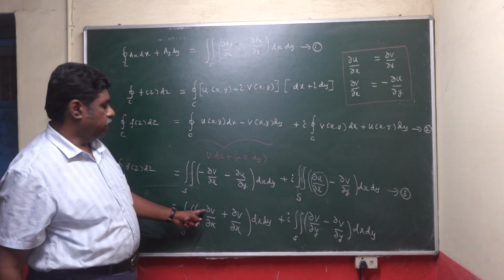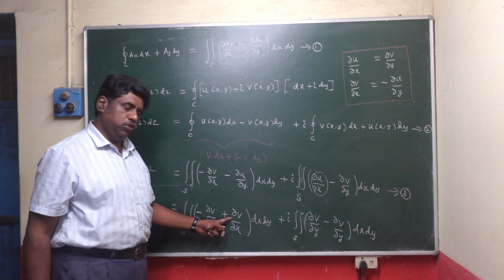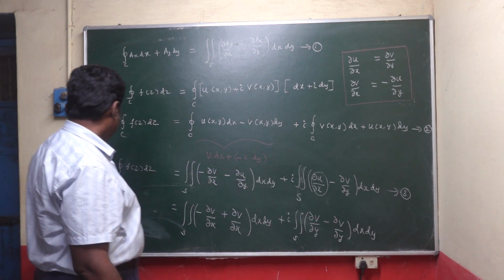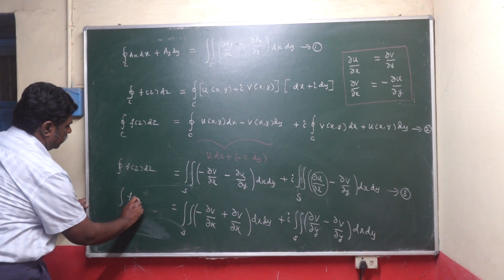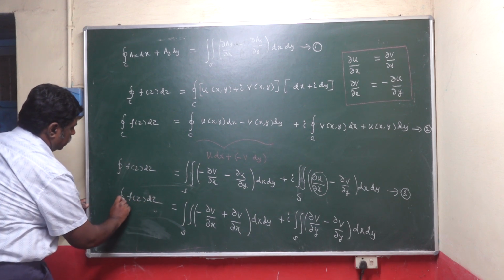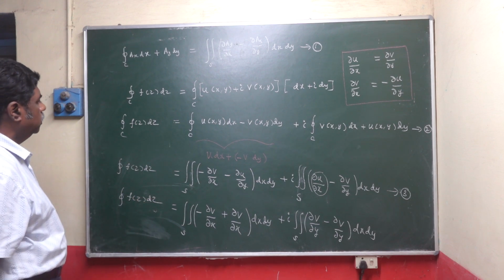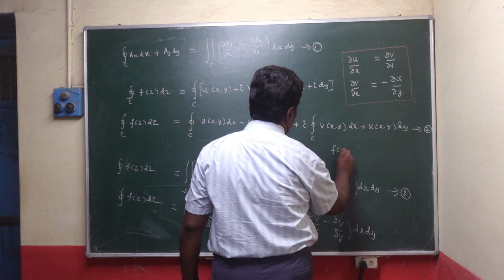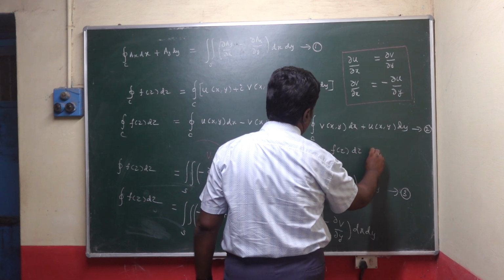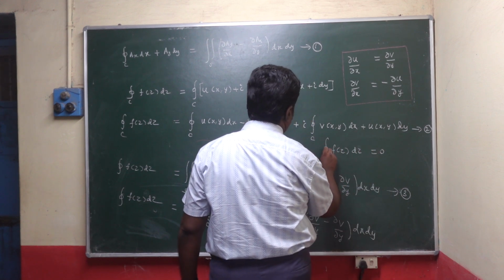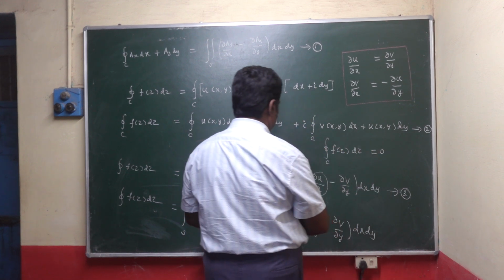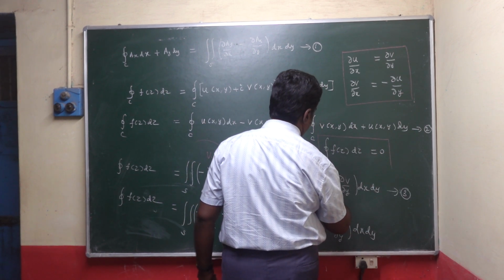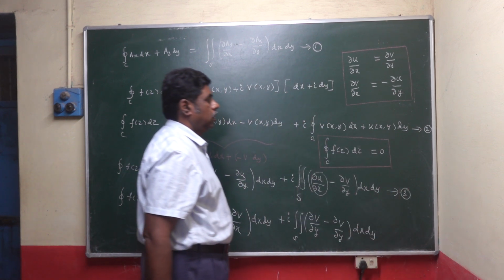Now see here, minus dou v by dou x plus dou v by dou x, 0. Dou v by dou y minus dou v by dou y, 0. Therefore, integral f of z dz value equal to 0. Now we have arrived at the condition integral f of z dz is equal to 0. Hence we have proved our Cauchy's integral theorem.